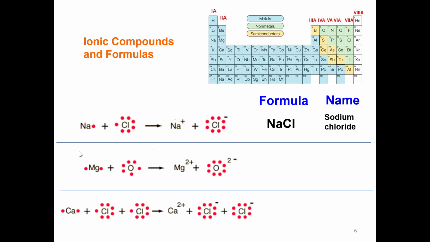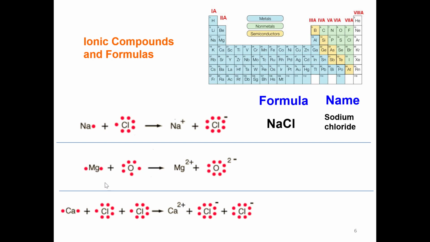In this case, we have magnesium and oxygen. Let's see what compound results if magnesium reacts with oxygen. Magnesium is in the second group, which is why it has 2 electrons in the outer shell. And oxygen is in group number 6, which is why oxygen has 6 electrons in the outer shell.